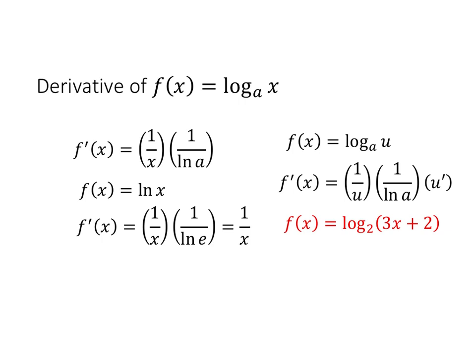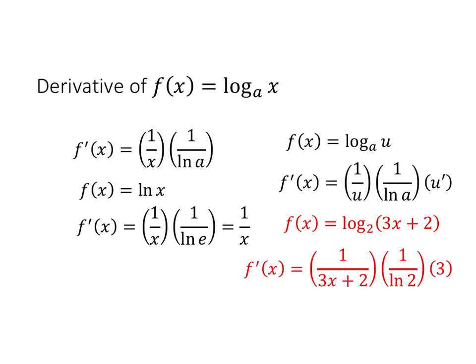Let's say we've got log base 2 of the quantity 3x plus 2. The derivative, therefore, would be 1 over 3x plus 2 times 1 over the natural log of the base, which in this case is 2, times u prime, which is the derivative of 3x plus 2, which is 3. So pretty straightforward if you follow the rules.